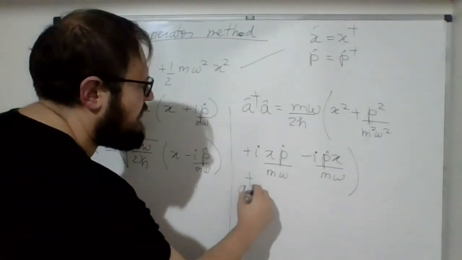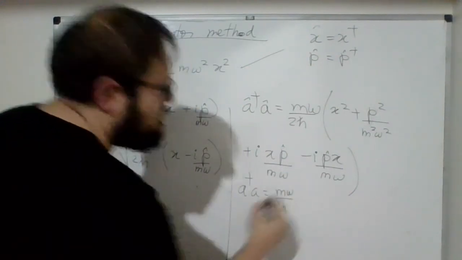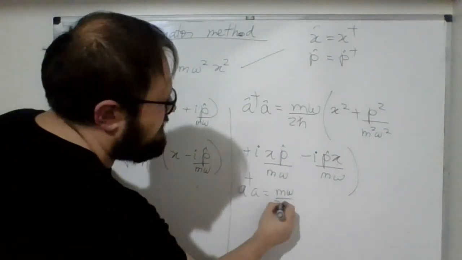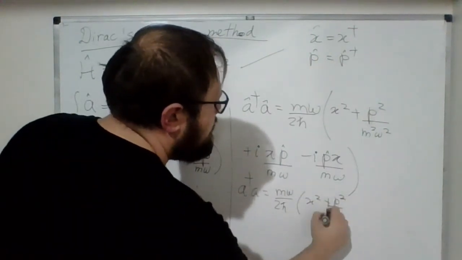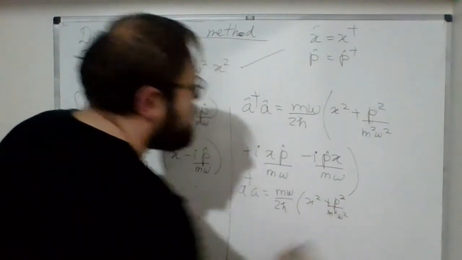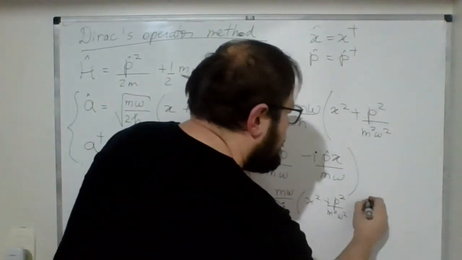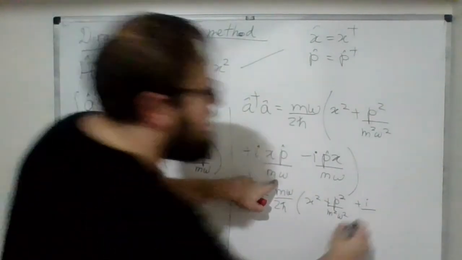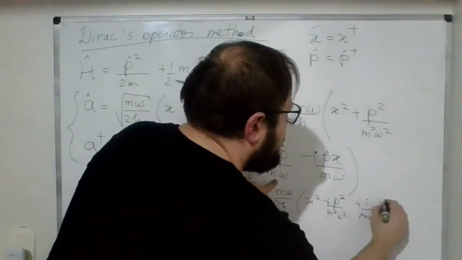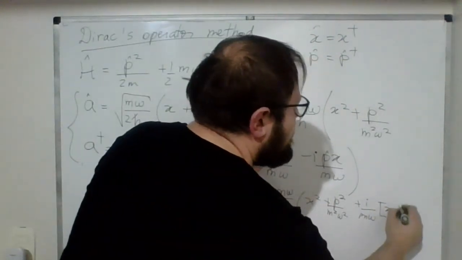So the h dagger A can be written as the following equation: x squared plus p squared divided by m squared omega squared. And this, if I put the imaginary factor as a common factor and this m omega as a common factor, we'll have the commutator of x and p.